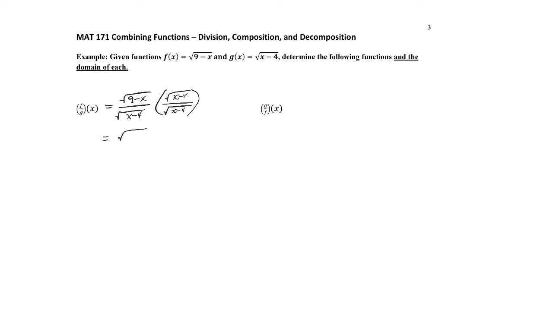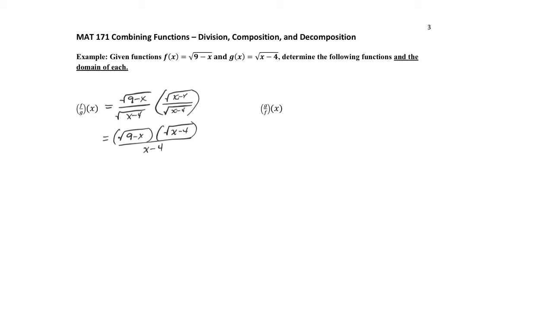And then this will equal the square root of 9 minus x times the square root of x minus 4 divided by the square root of x minus 4 times the square root of x minus 4, which is x minus 4. Okay, my combined function of f of x divided by g of x.